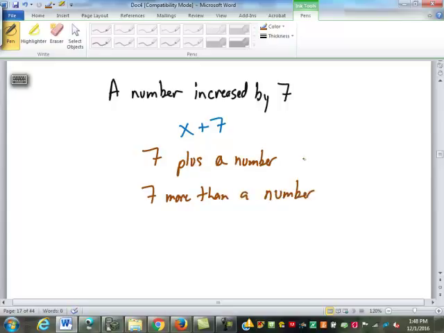Yes, a number plus 7 would work. Any others? The sum of a number and 7. And of course, there are tons of others we could come up with if we wanted to take the time to sit here and go through them.